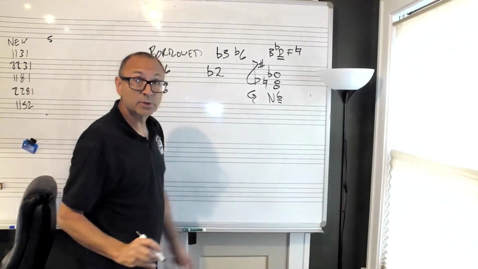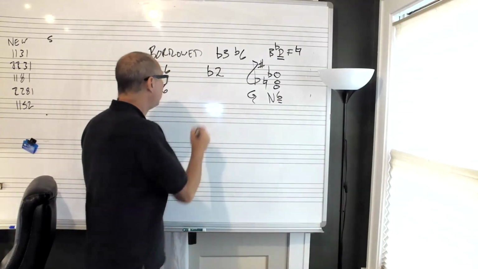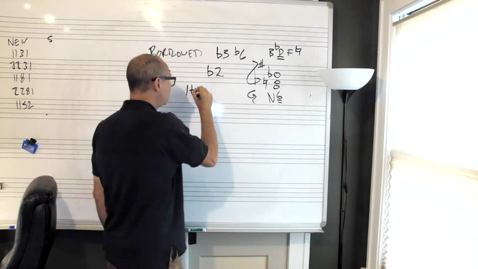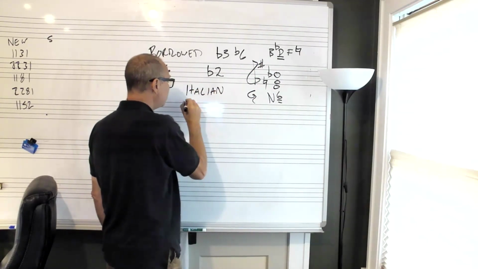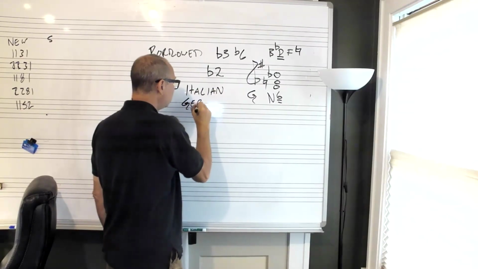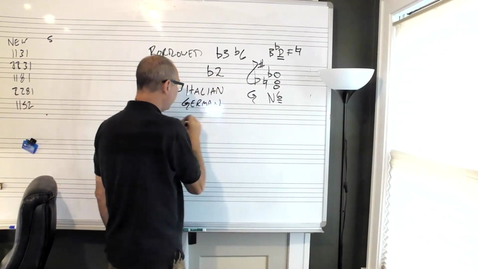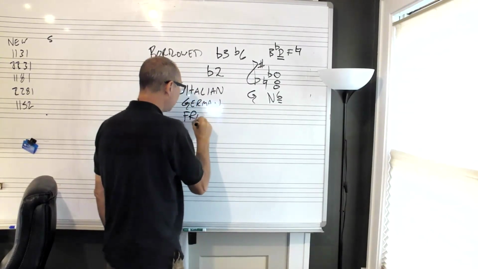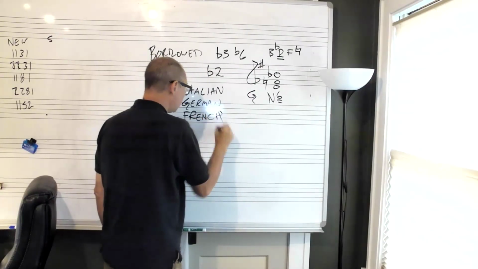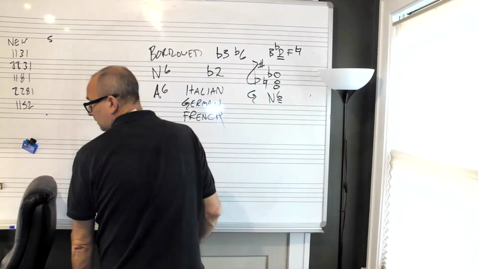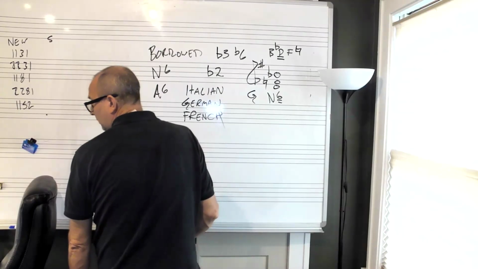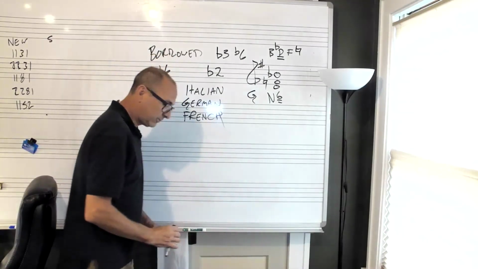A6. Okay, these are those regional chords. We say Italian, German, and French. Okay, Italian, German, and French.